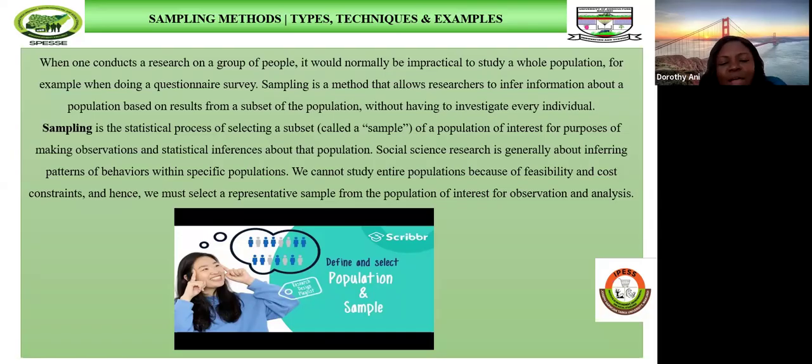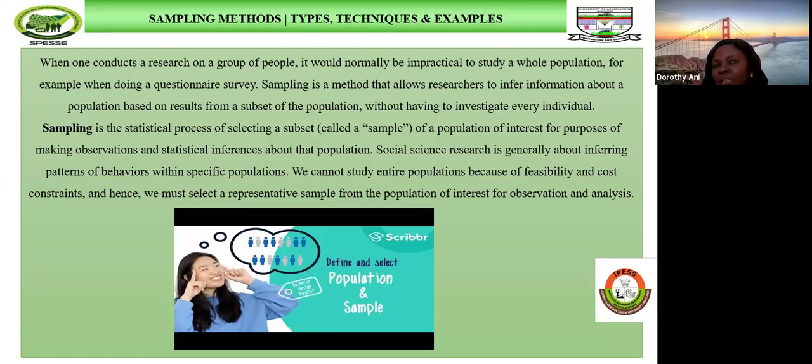So that's why you have to take a sample. So we must select a representative sample from a population of interest for observation and for analysis. You are basing your study on the sample you have collected. Anything you have from there, you can infer that it can represent the whole population.